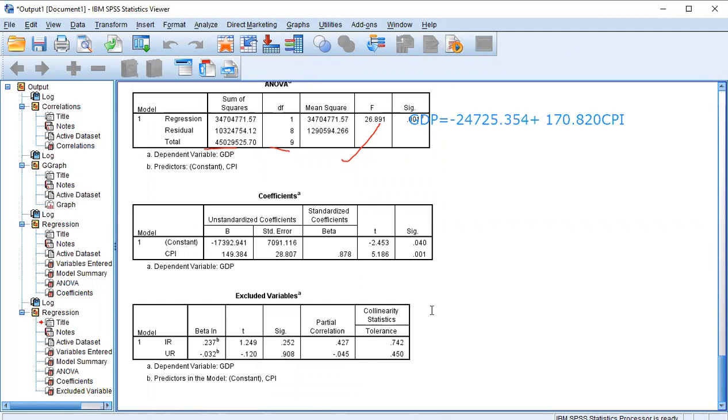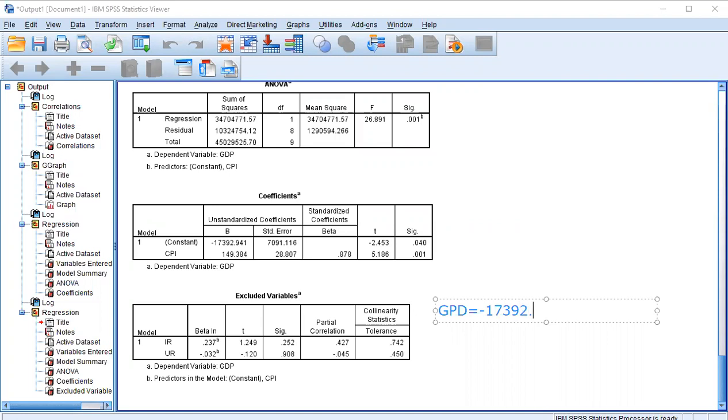So we have our best model, where GDP is equal to -17392.941, plus our beta one, which is 149.384, times CPI.